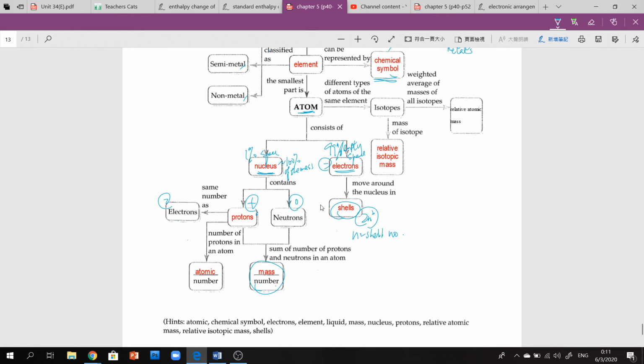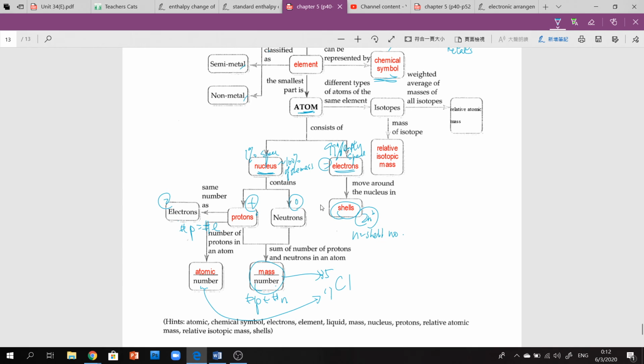Mass number equals number of protons plus number of neutrons, while the number of protons is what we call the atomic number. We may find these two in the atomic symbol like this: atomic number is this, mass number is this.